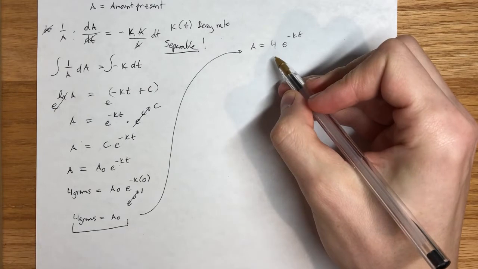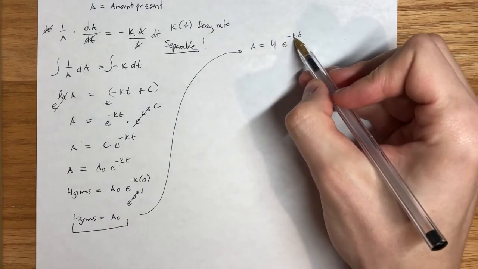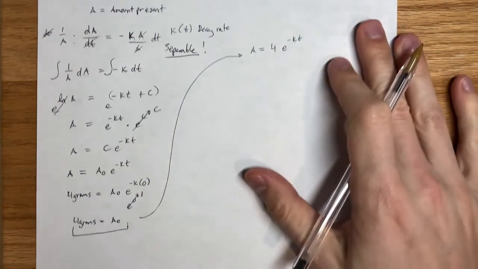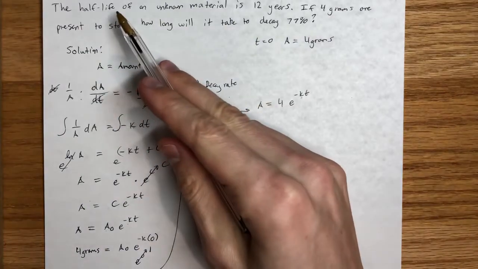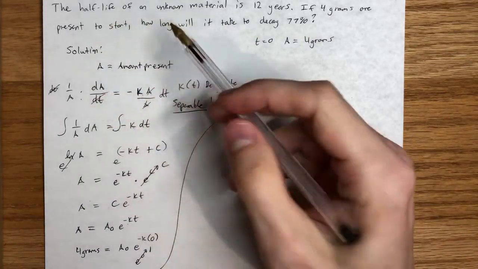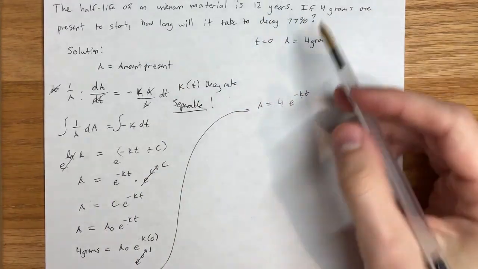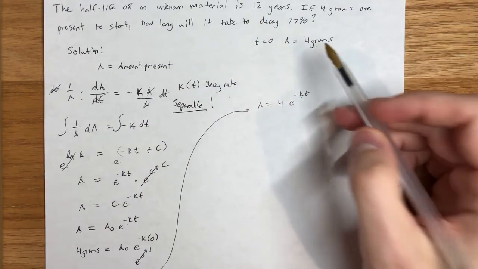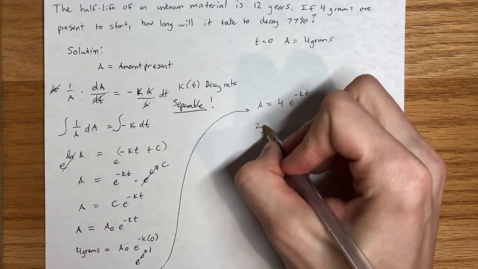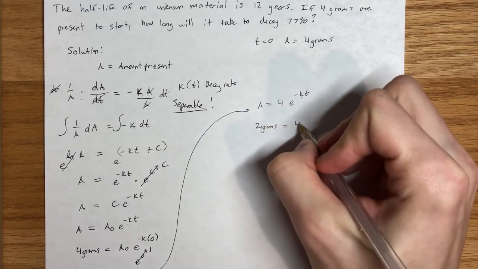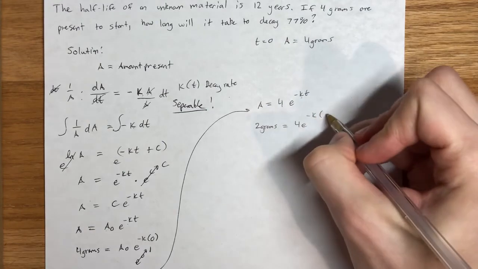Our next step, after we found our A0, is to find our k. We don't know our time or our rate yet, but we do have some more information to use. The next one I'm going to use is my half-life. After this period of time, we'll have half of the material left. So if we started with 4 grams, if we take a half-life, we are left with 2 grams. So we'll have 2 grams equal to 4 e to the negative k times the time, which will be 12 years, the half-life.